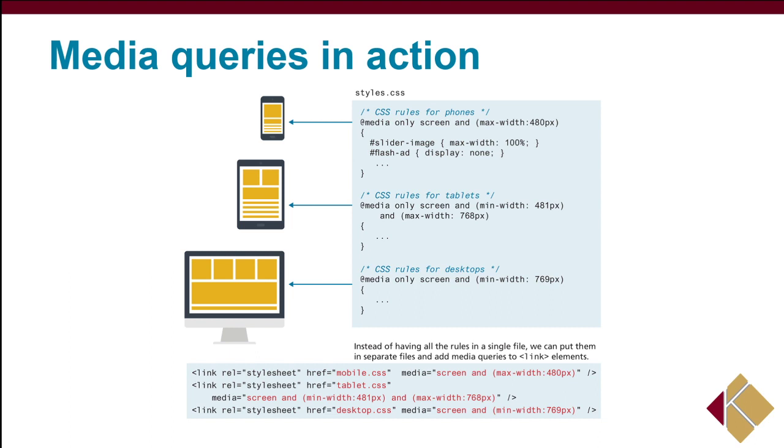So if that screen is between this and this, then do this. And then the last one is everything else. So make it work only if it's a screen and it has a minimum width of 469 pixels. So if it is 469 pixels or bigger, this is how it looks, right? Cool.